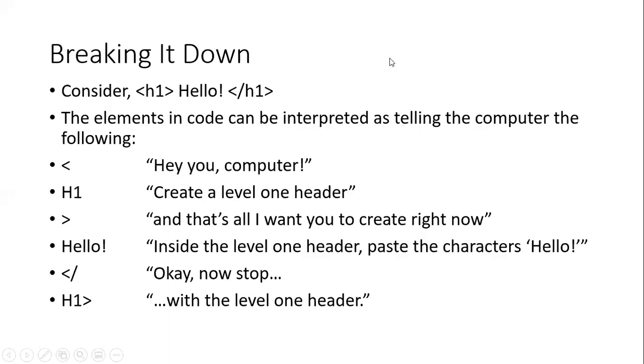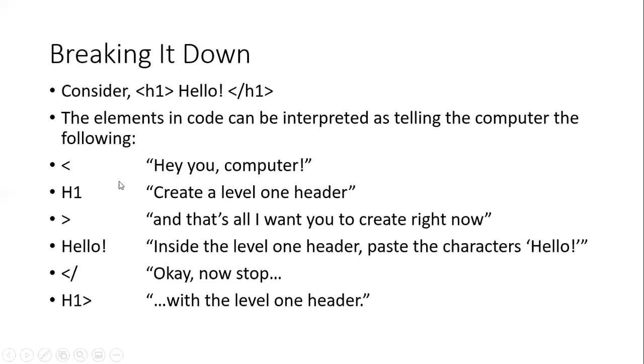Here I break it down in a little more detail over the next couple of slides. We're considering just printing: we want a level 1 header, print hello, close that. I discuss how you can interpret what that's actually telling the computer. Of course, it's not literally telling it this, but this is the equivalent of what you can imagine it telling the computer in the background.